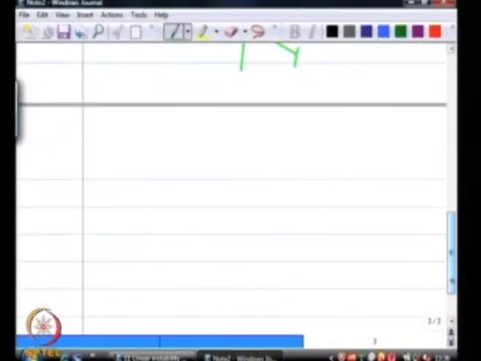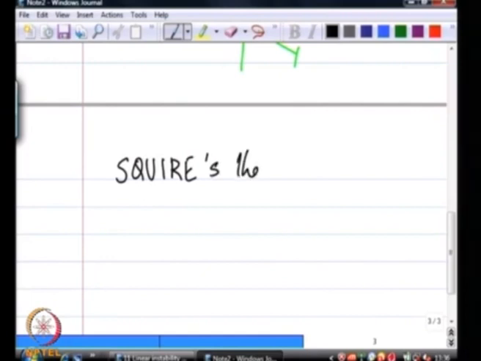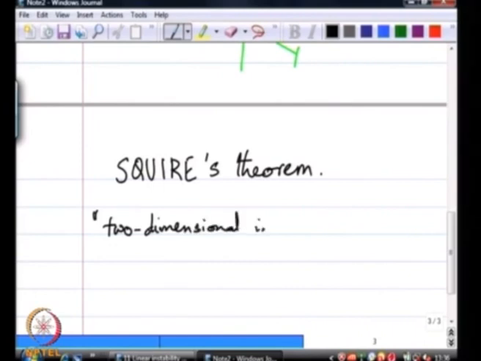Okay. Now, what we learn from an old theorem due to a man named Squire, I am going to paraphrase this, but it is going to be reasonably accurate. So, you can write this down. So, essentially two dimensional instabilities.